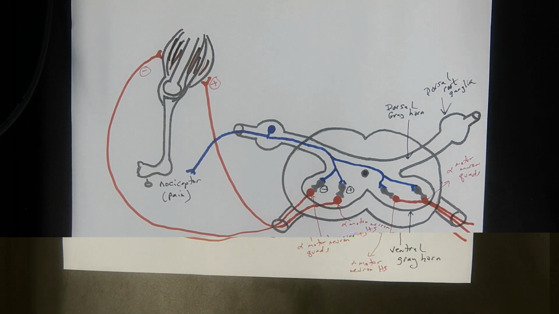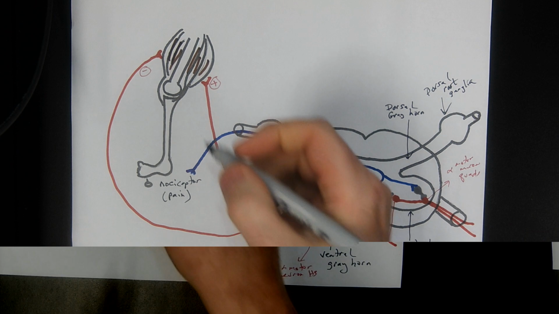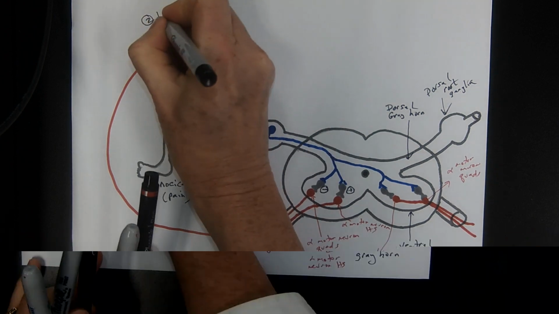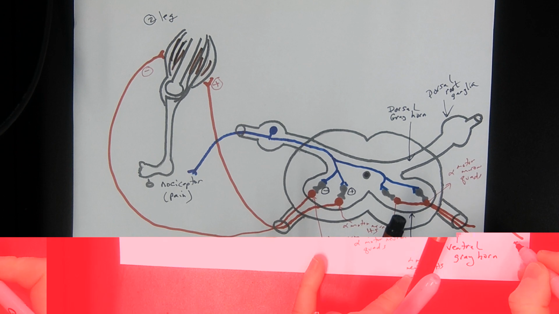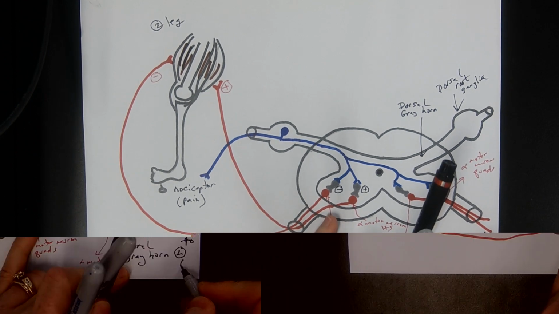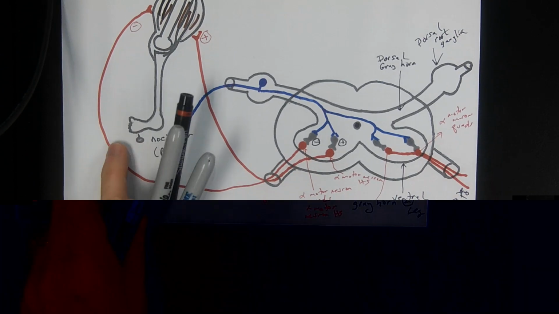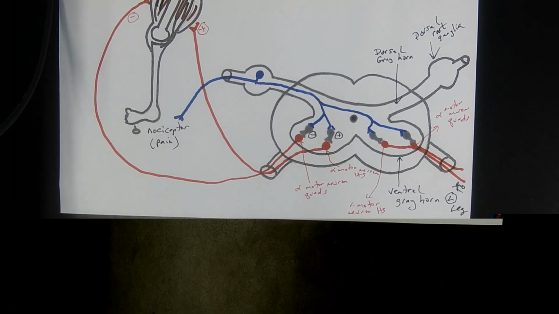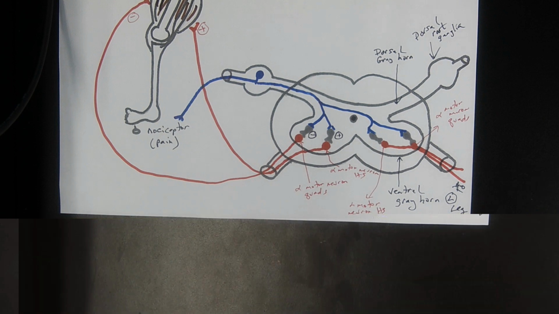So this is the right leg, and these are going to the left leg. Sorry, it's pretty bad. But can everybody see what I'm trying to show here? We're just going to the opposite leg.